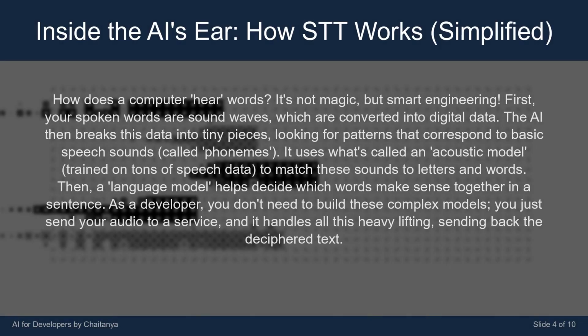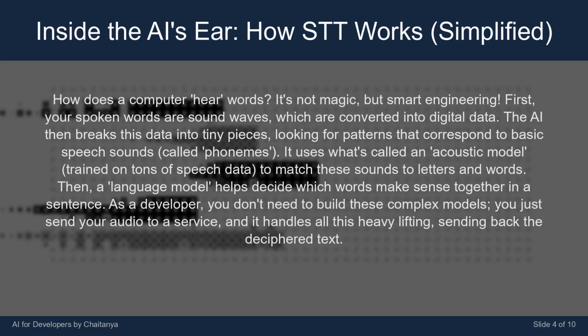How does a computer hear words? It's not magic, but smart engineering. First, your spoken words are sound waves, which are converted into digital data. The AI then breaks this data into tiny pieces, looking for patterns that correspond to basic speech sounds, called phonemes.